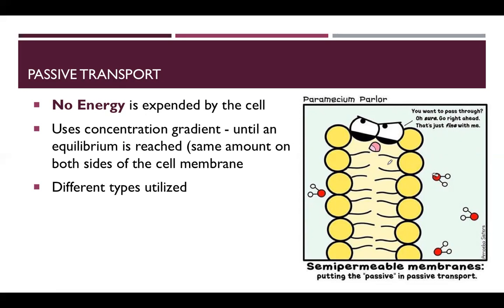So if this is the cell here, there's the cell membrane, we can see that the concentration over here is different than it is on the inside of the cell. So the gradient, that's when there's different concentrations.